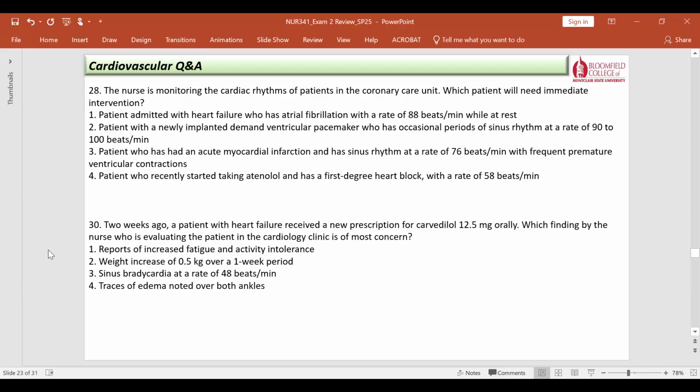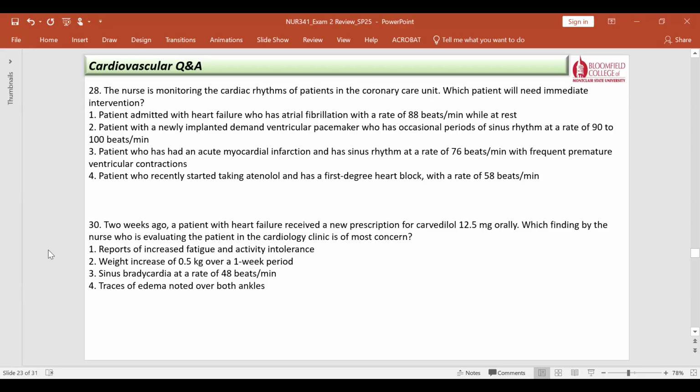Yes. Remember that question when I explained that 3 or more premature ventricular contractions occurring in the setting of acute myocardial injury or infarction can lead to ventricular tachycardia, VTach, or VFib.